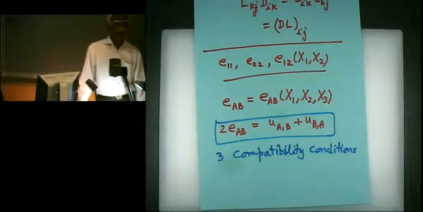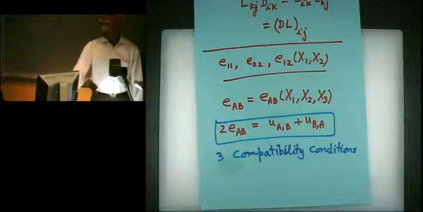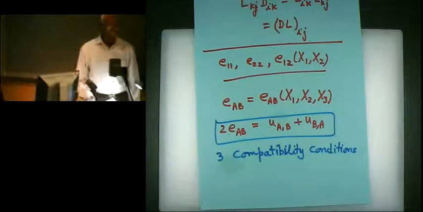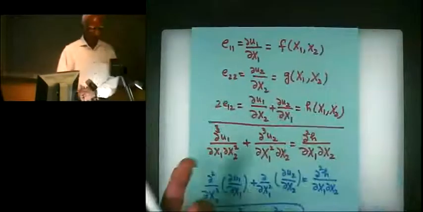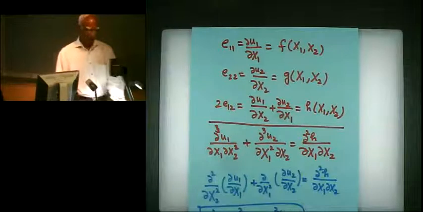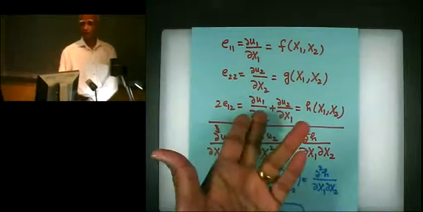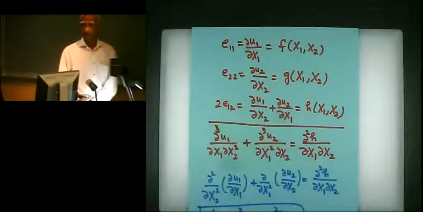Now the question is, how do we find them? In this case, it was not terribly hard because we had E11, E22, and E12, and we differentiated the third equation with respect to x1 and x2, and we could derive the compatibility condition.